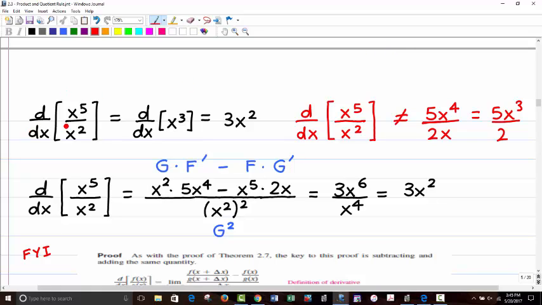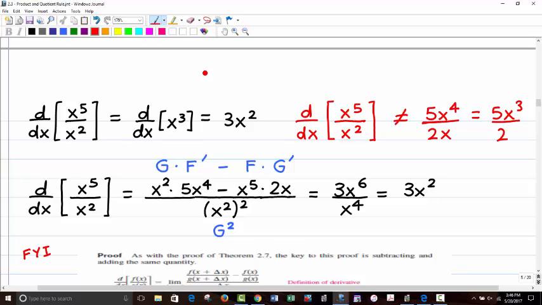All right, here's an example. I'm going to show you what the derivative is and then show you using the quotient rule. So let's say our function was x to the fifth divided by x squared. Well, there's no doubt that x to the fifth divided by x squared is x cubed. And there's no doubt that the derivative of x cubed is 3x squared.